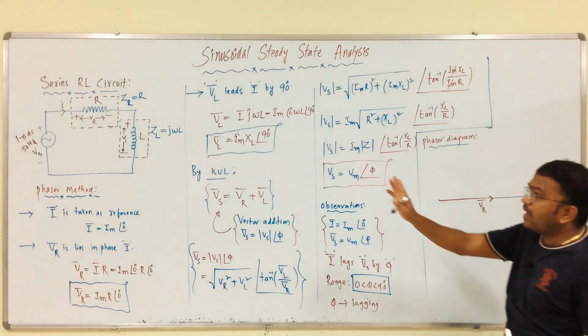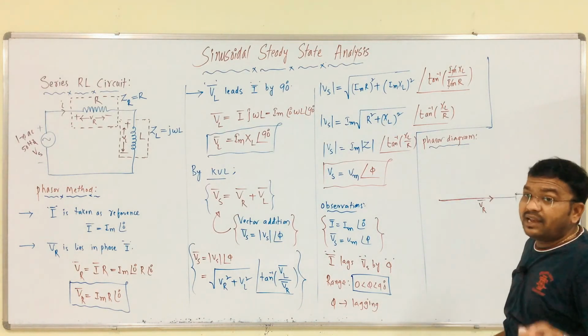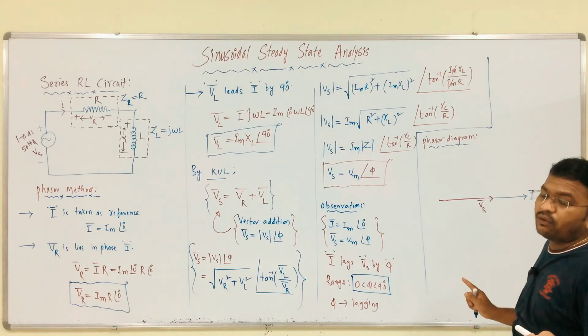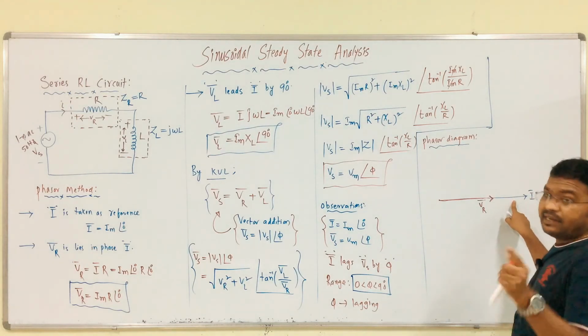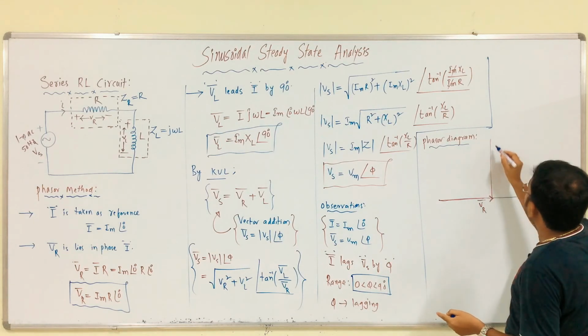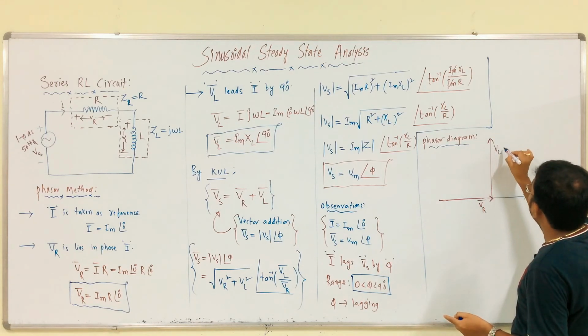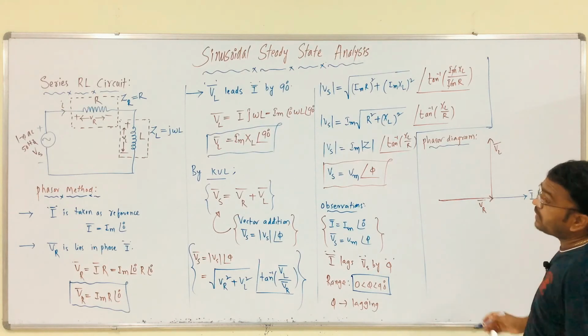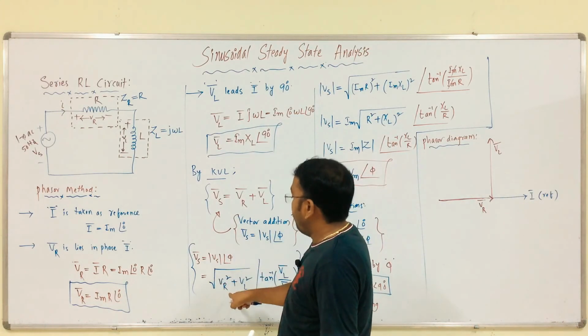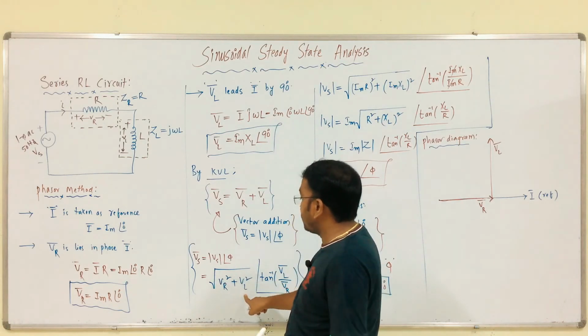Next, coming to VL. So, does VL lead or lag? We all know that for pure inductive circuits, VL leads current by 90 degrees. This is what? VL. Then how can we represent this resultant voltage? This is the vector addition of VR square plus VL square.